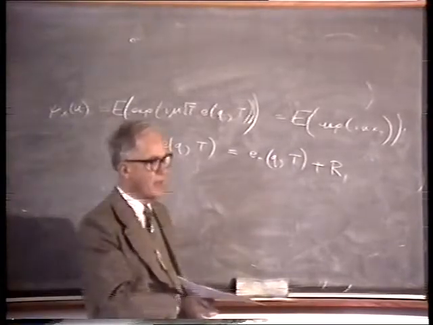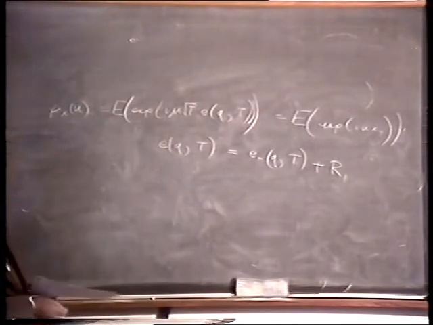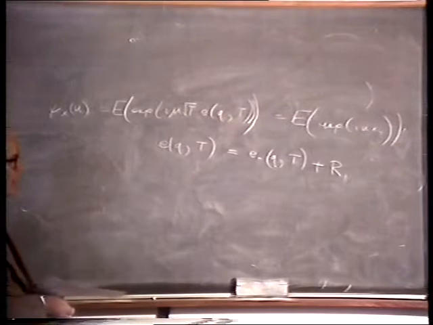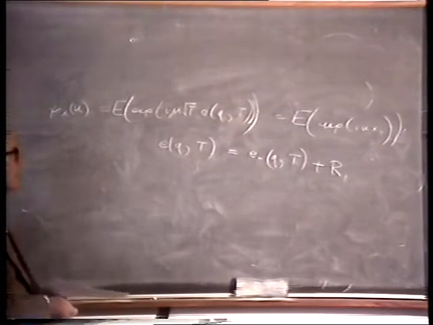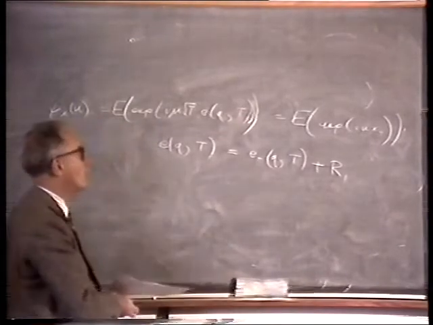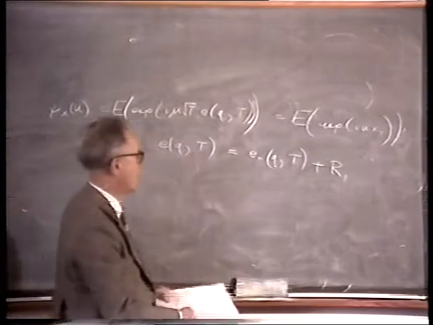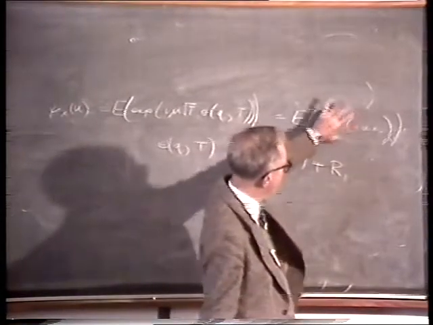The first point to make is that outside this neighborhood of the origin, we can neglect the errors if we simply take the two regions and split.